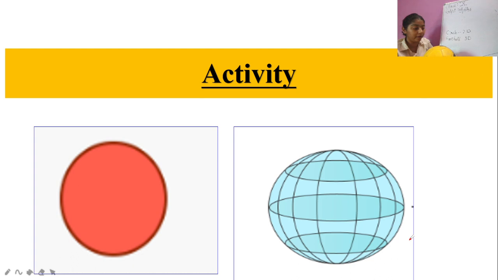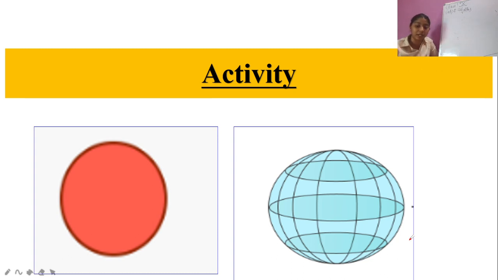Okay students, now let's discuss: if I want to paint this ball, how much paint is required to paint this football from the outside? From the outside only, not inside. What do you think, how much paint is required? That is our topic of discussion, students: how you will calculate any substance or material in the form of a sphere. You can calculate its value with the help of area.